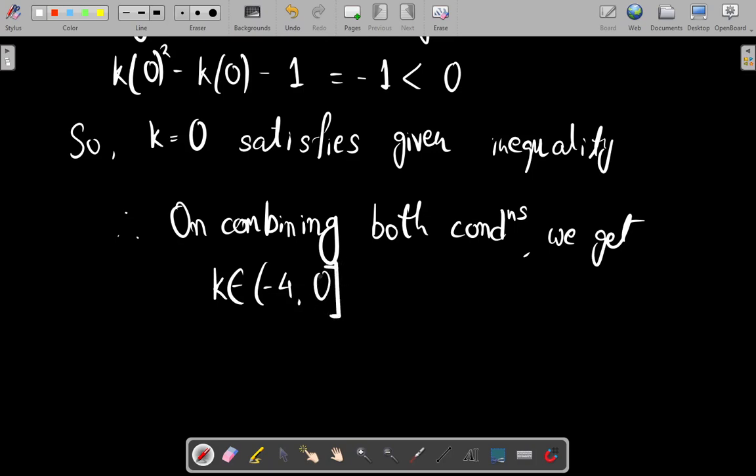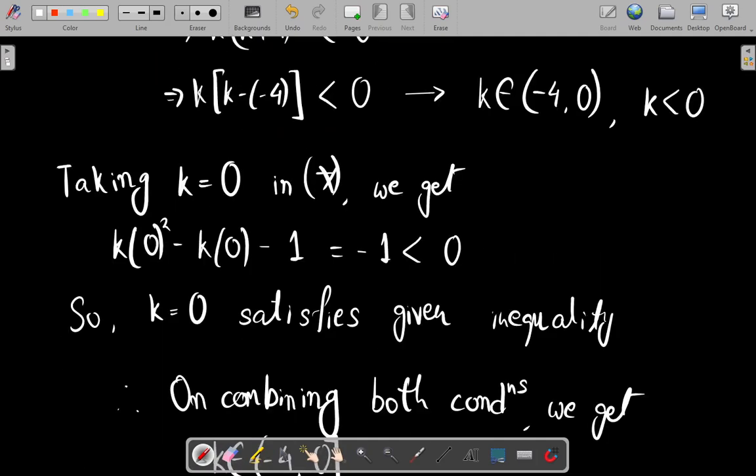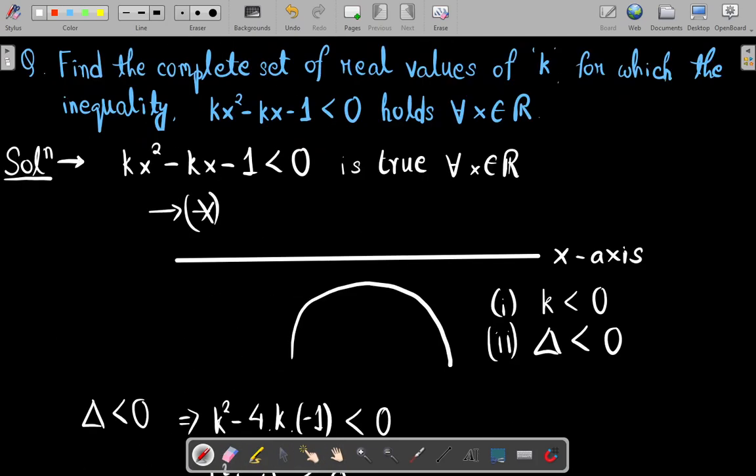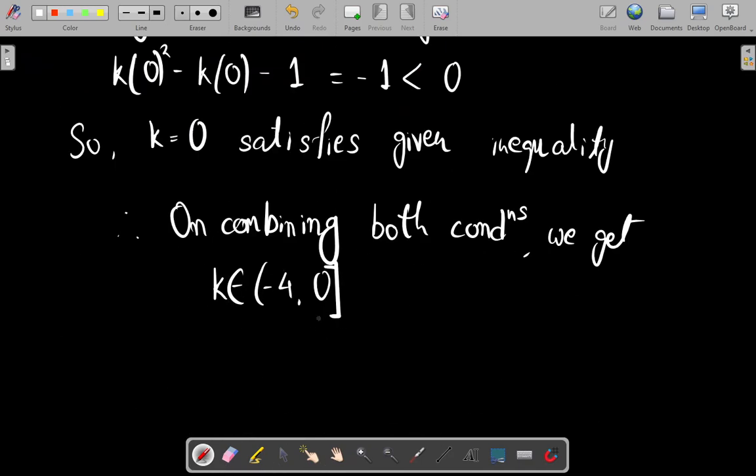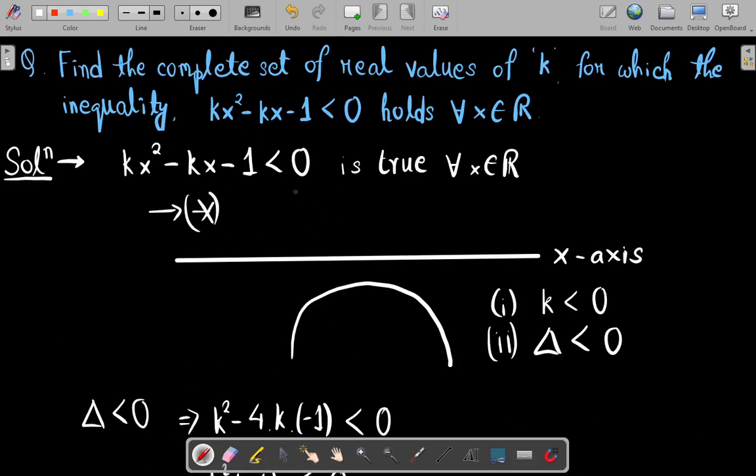This should be the complete set of real values of k, because k equal to 0 satisfies the original inequality. This is the first and foremost, the primary condition. If this is satisfied for a real value of k, we have to include that. So since k equal to 0 satisfies this inequality, we will include that.